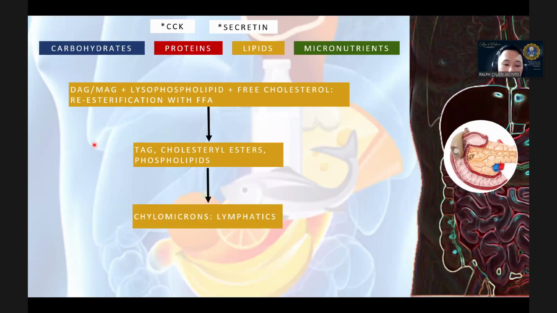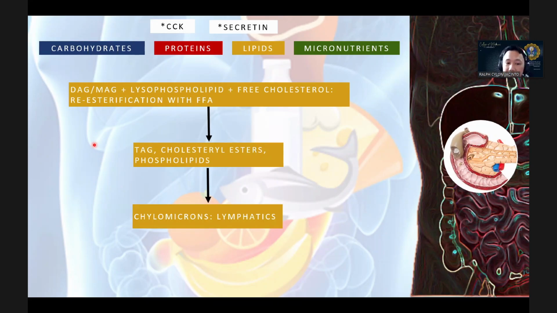Okay. Now, these triglycerides, cholesterol esters, and phospholipids will now be packed together with other apoproteins to become your chylomicrons. Now the chylomicrons are absorbed through the lymphatic circulation. So 'di ba, this is in contrast to the one I mentioned earlier, yung short chain fatty acids.